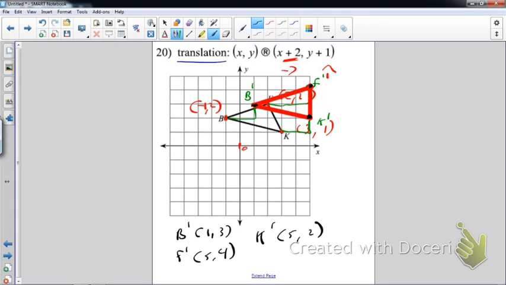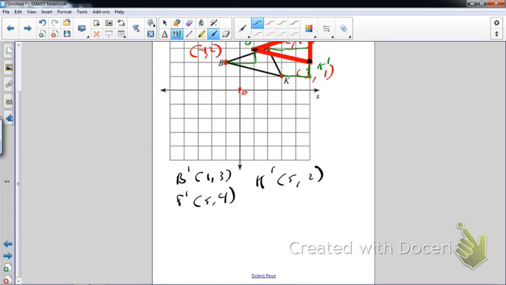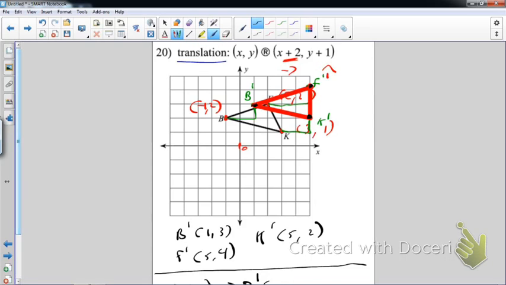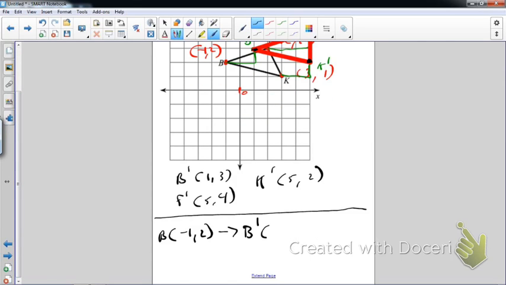You can take the original you have, okay, so this will be method number 2. The original for B, remember, it was located at -1, 2. And what you're going to then do is create B prime by doing exactly what it's telling you to do. Add 2 to the original that you have. So you're going to add 2 to -1.